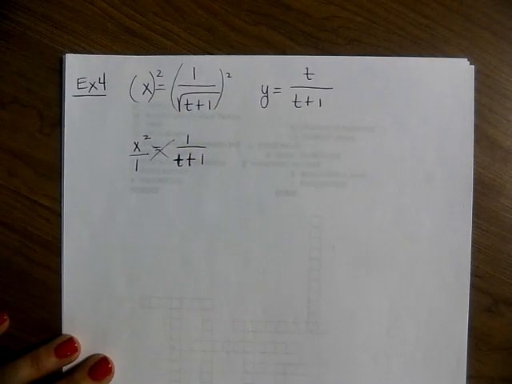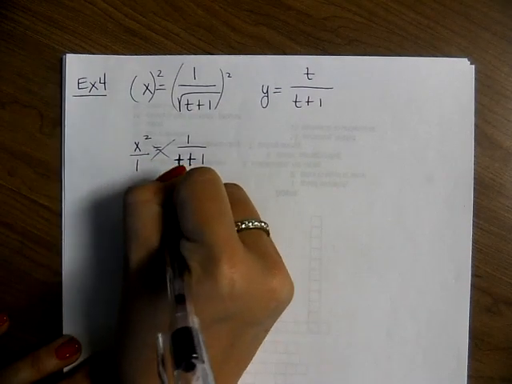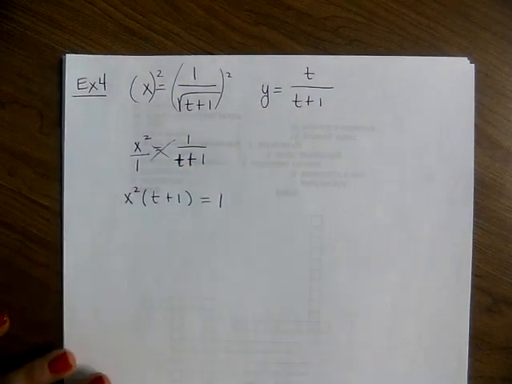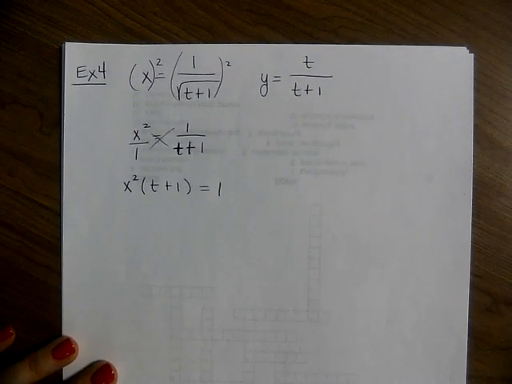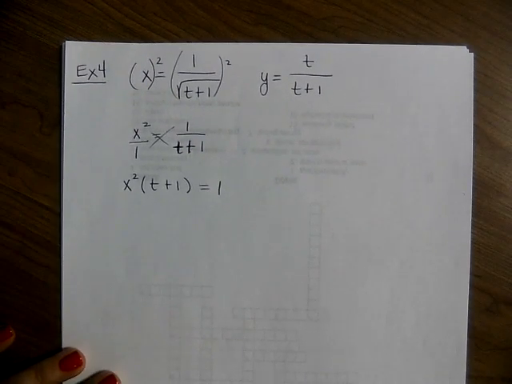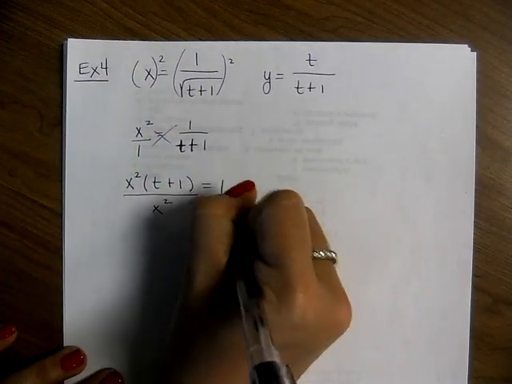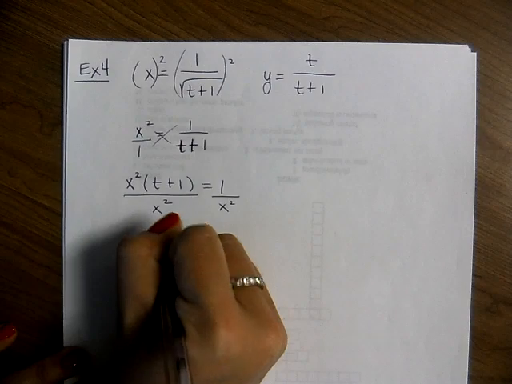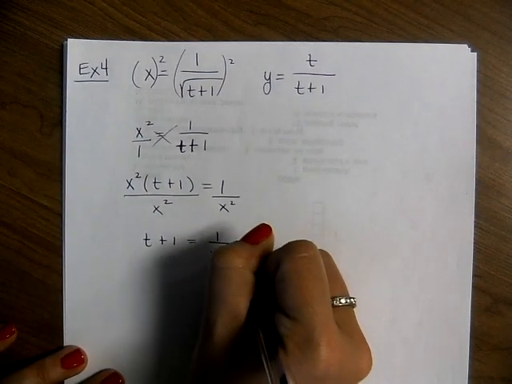Cross multiply, right? It's just a proportion. So we have x squared times the quantity t plus 1 equals 1. Remember, we're trying to solve for t. Yep, divide by the x squared. So t plus 1 equals 1 over x squared.